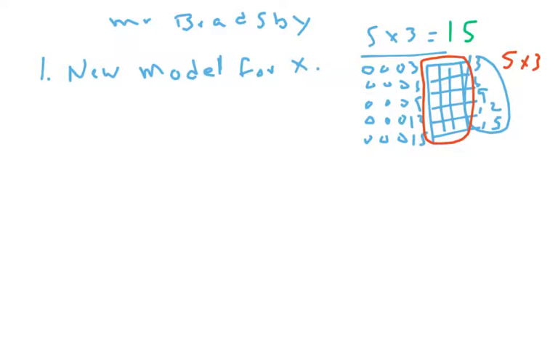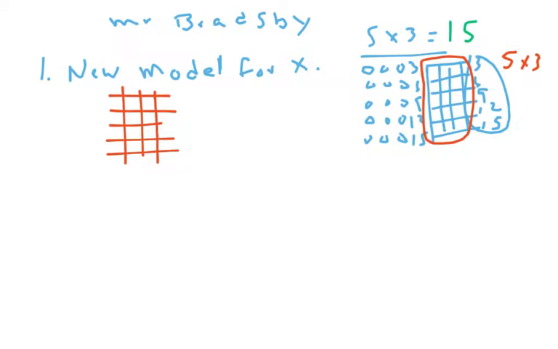Okay, so we're going to look at a model where we do 5 threes, but instead of making squares here, we're just going to draw lines. 1, 2, 3, 4, 5. 1, 2, 3.